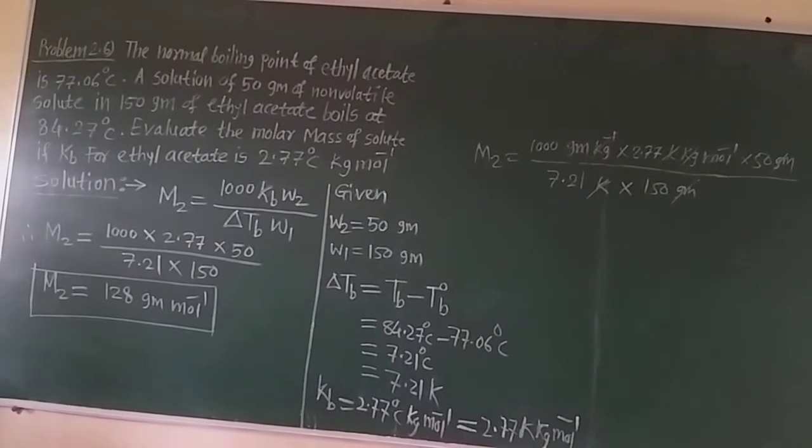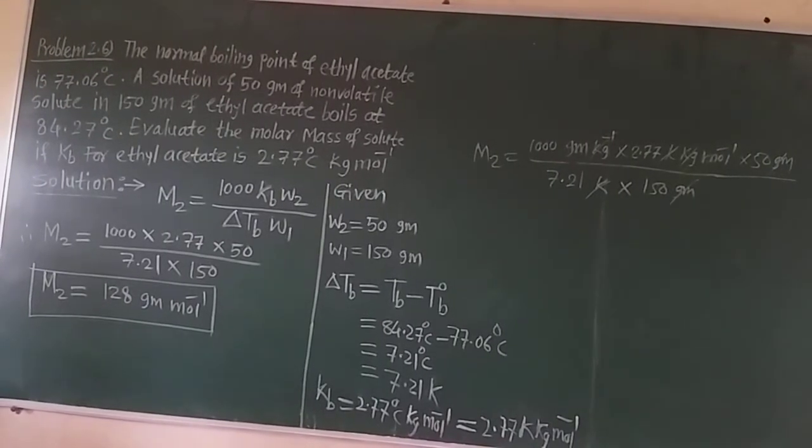You can take a screenshot of this numerical and note it down in your notebook so you can easily practice this example. Such examples are always asked in the board examination as well as in JEE and CET. These are very important problems.